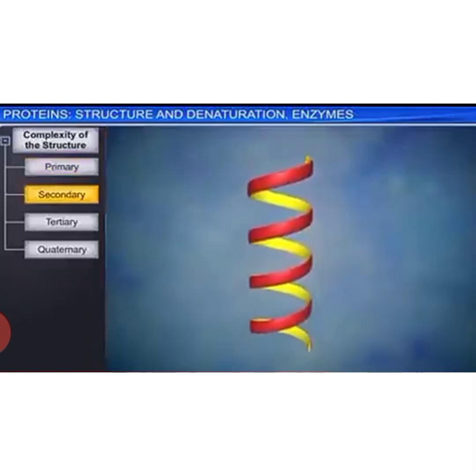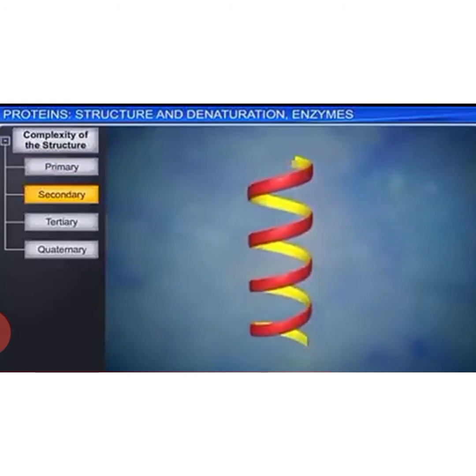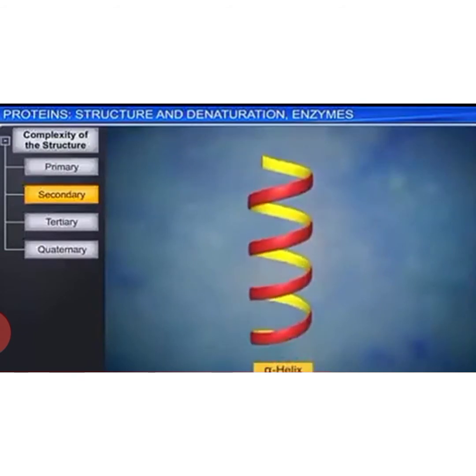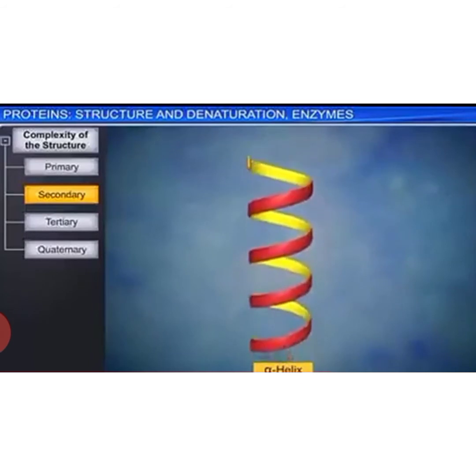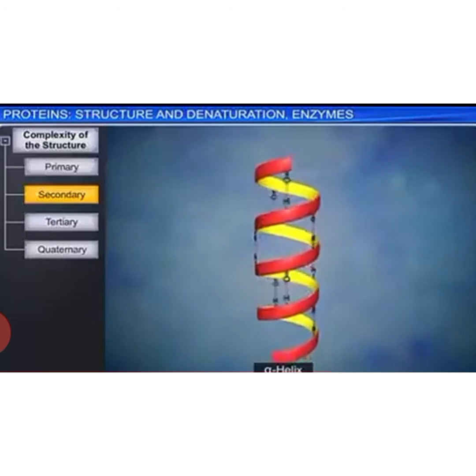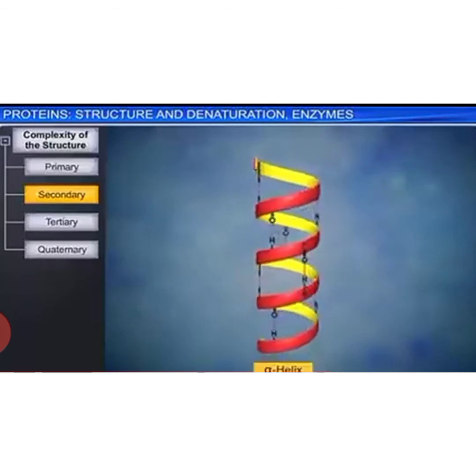The secondary structure of proteins refers to the arrangement of the polypeptide chains in space. One important type of secondary structure is the alpha helix, illustrated here in a ribbon diagram. Each polypeptide chain is coiled to form a spiral structure called alpha helix.